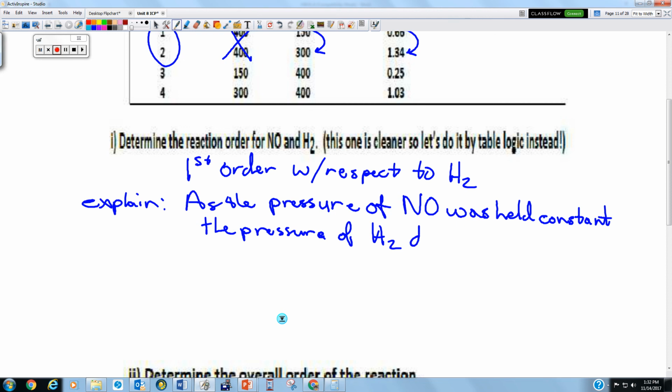Doubled. All right, and then we're still not finished, so doubling the H2 pressure caused the rate to do what?